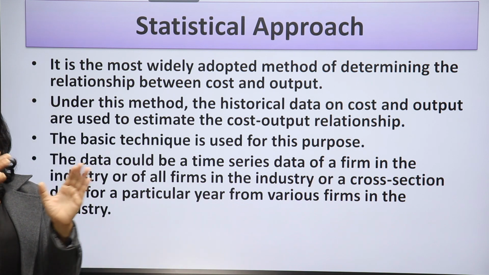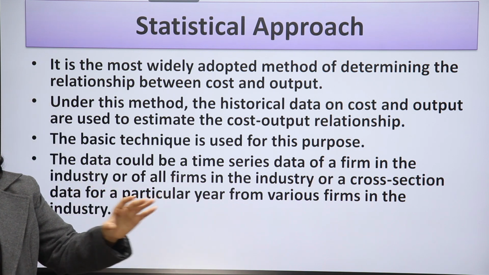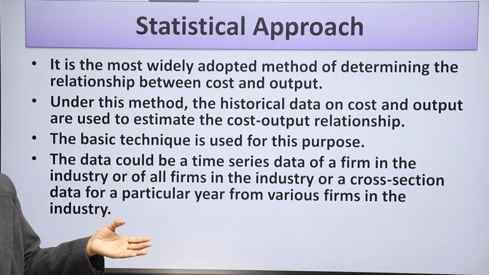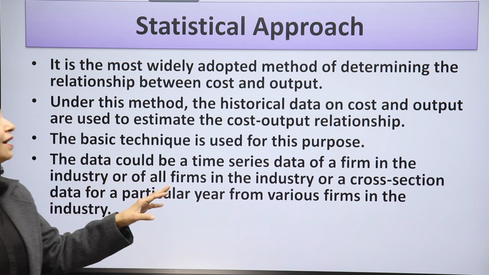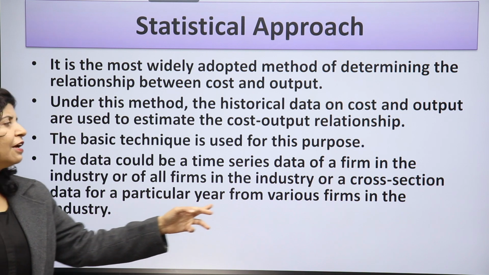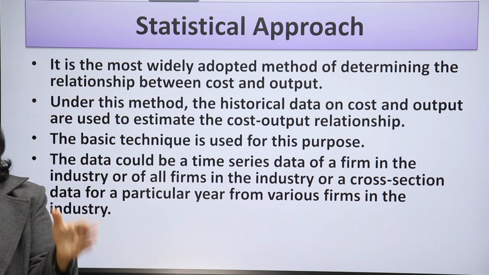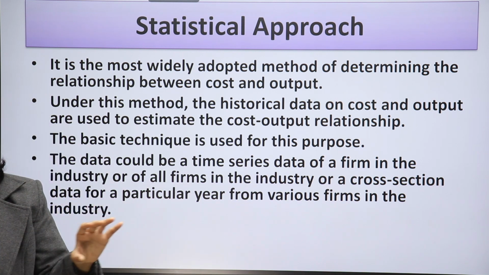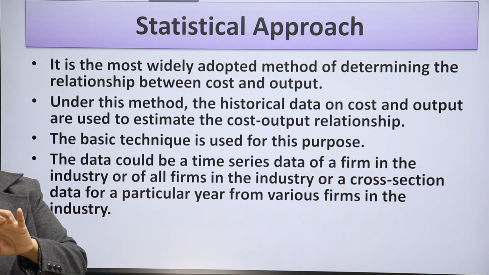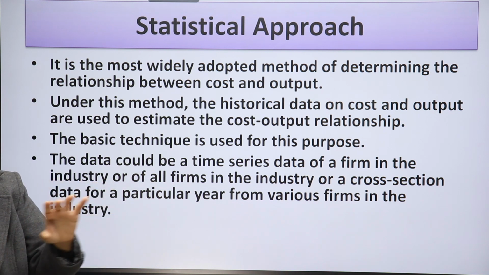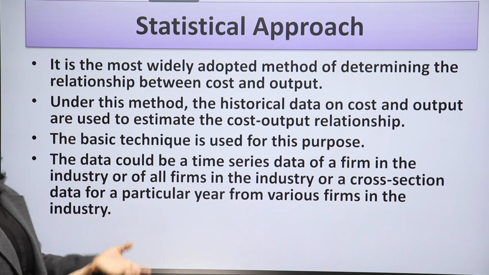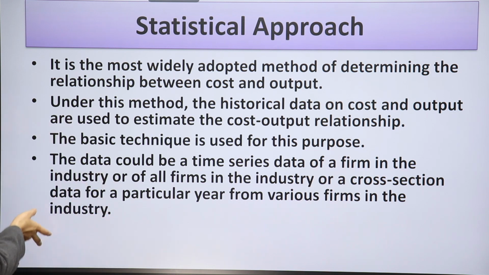Cross section means a one-time study of a certain group or a certain sample of any item you can take. Here we have taken firms, so we may select 10 firms, and for those 10 firms we may select data for the month of January 2024. That is cross-section data, and you can get your cost estimation from that also.